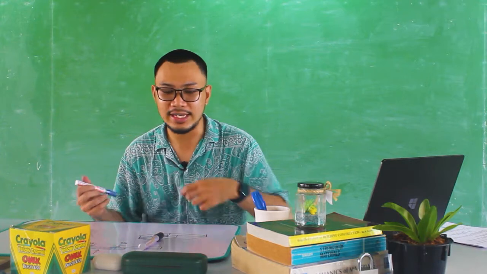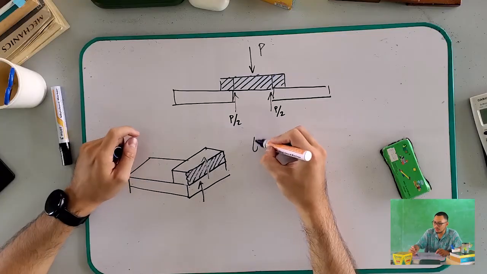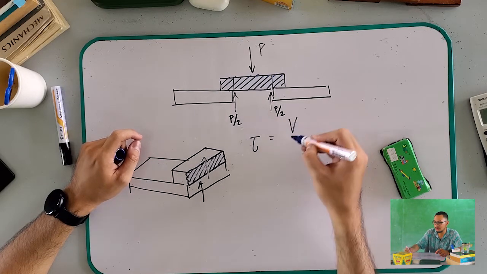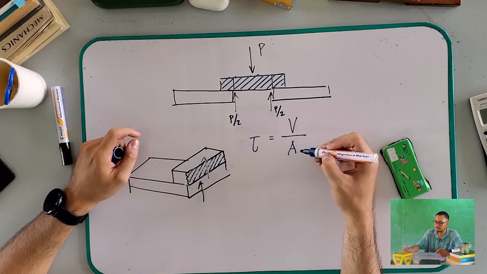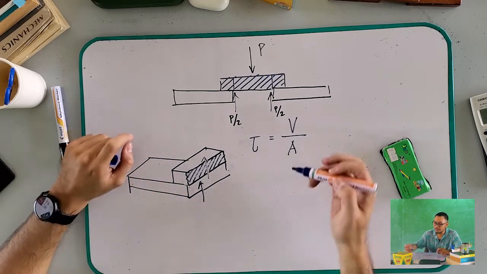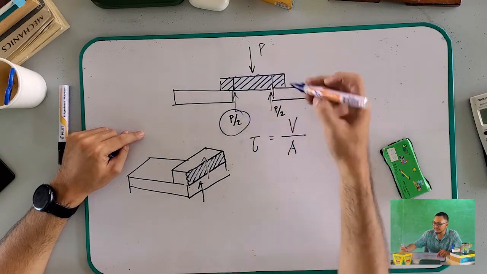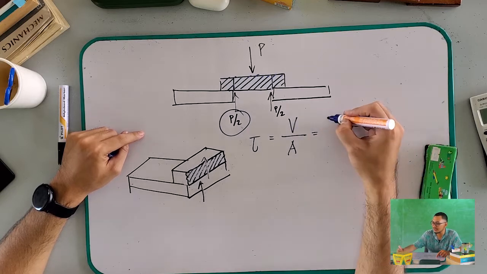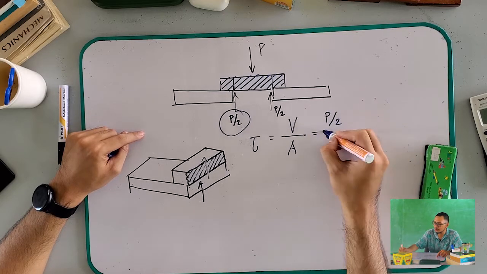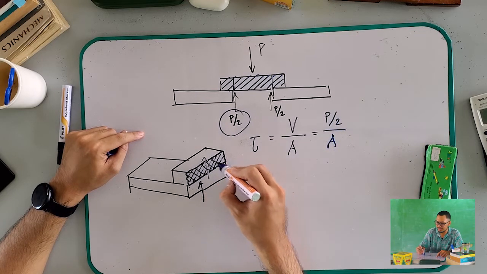Now, how can you get the average shear stress of this block? All you have to do is use the equation tau is equal to shear force over A. In this case, we are using P over 2 as the shear force here. So, let's consider your shear force as P over 2 over your cross-sectional area, which is this one.